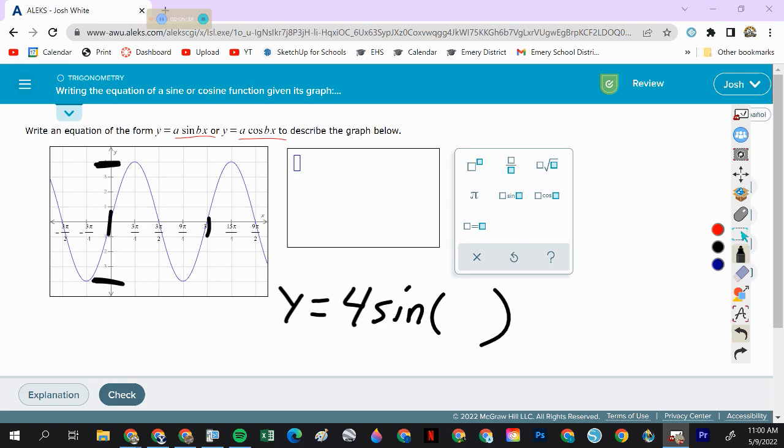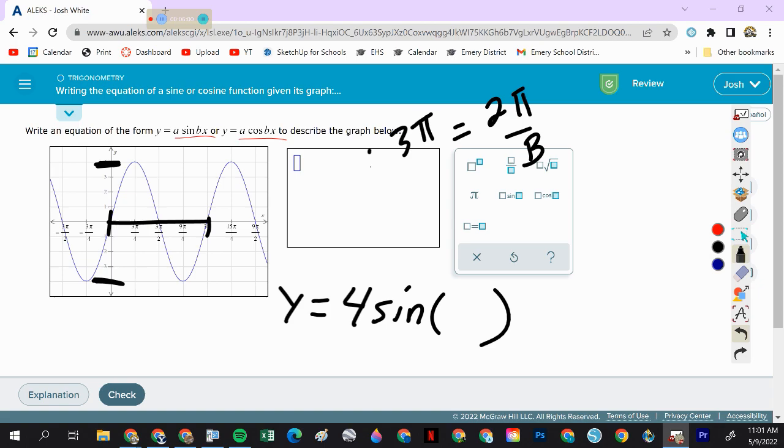The time it takes to do a full cycle is 3 pi. The period in this case is 3 pi. So P equals 2 pi over B. Period is 3 pi.